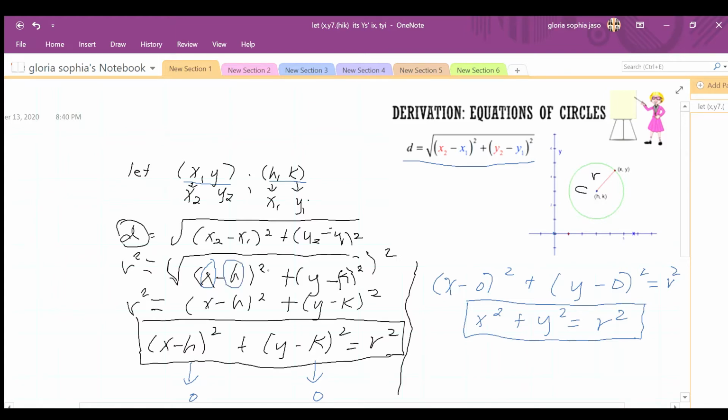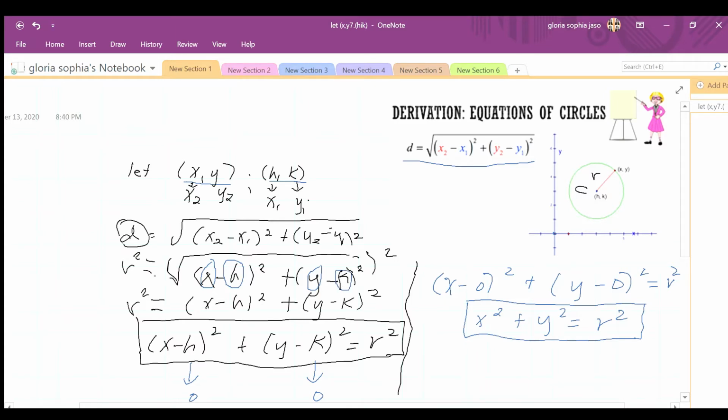Okay. Then, copy the square. Plus, yung y sub 2 naman natin is yung y, and then, yung y sub 1 natin is yung k naman natin dito.